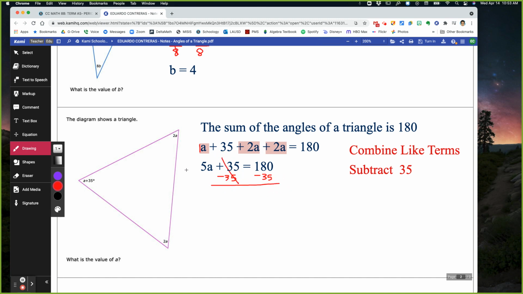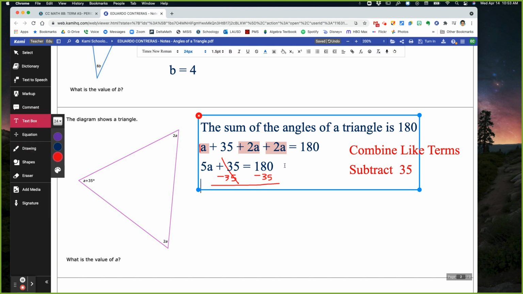Negative 35 and negative 35 make 0, so they go away. And go back to my text box. I get 5a equals whatever 180 minus 35 is, which is 145.